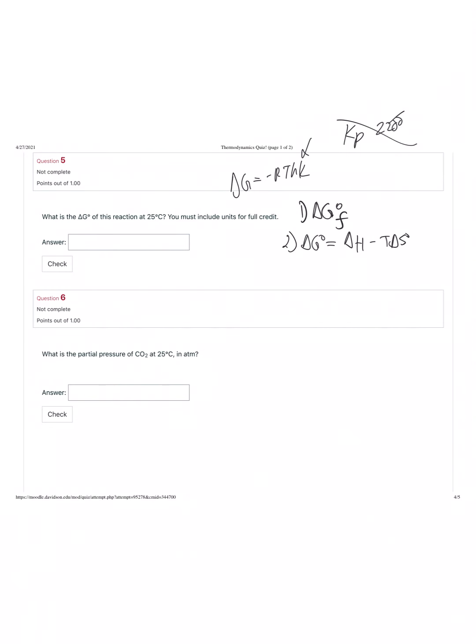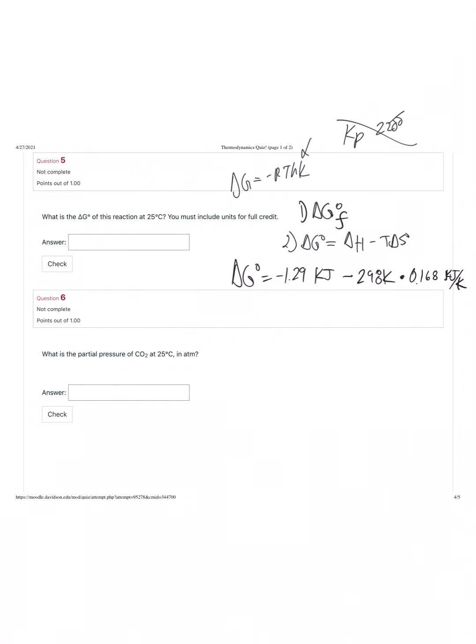So now we're solving for delta G naught, which is equal to negative 1.29 kilojoules minus 298 Kelvin times 0.168 kilojoules per Kelvin. Notice our entropy value here is in kilojoules, and it's a lot smaller than our value for enthalpy.